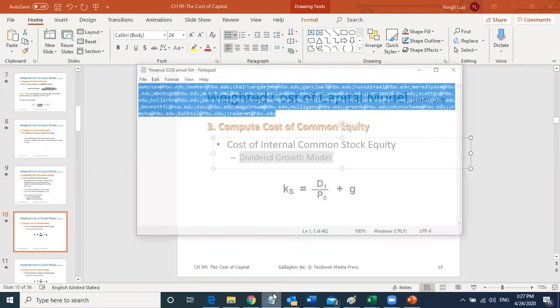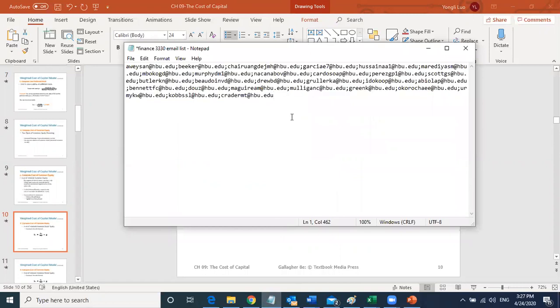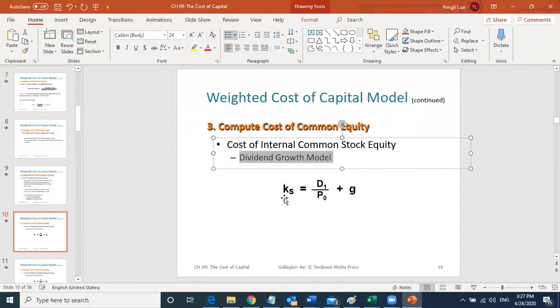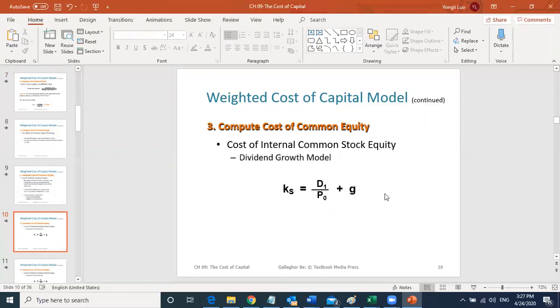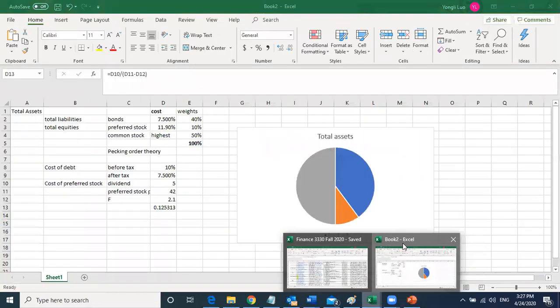In the dividend growth model, the required rate of return of common equity is D1 divided by the current stock price plus G%.